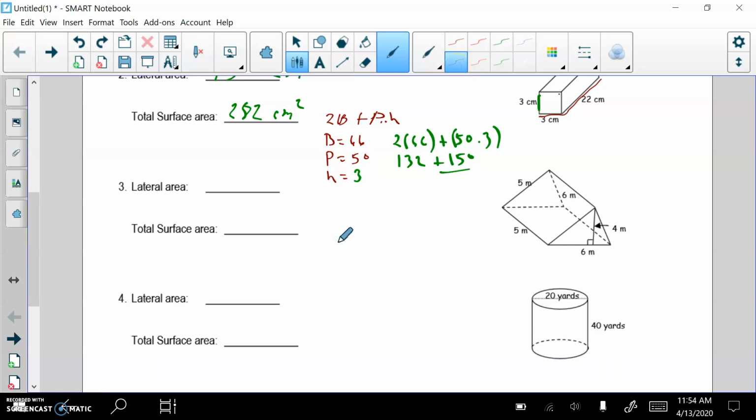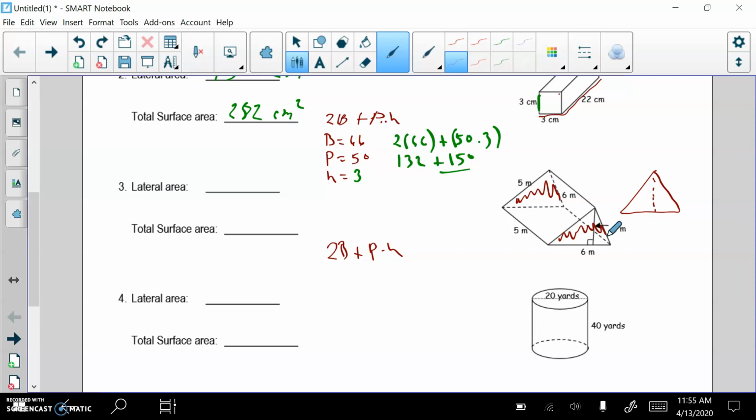Equation is 2 big B plus P times H. All right, well, what's the area of the base? Well, that means that I need to find the area of this triangle here, because those two are the same. These are your bases, because bases are parallel to each other.